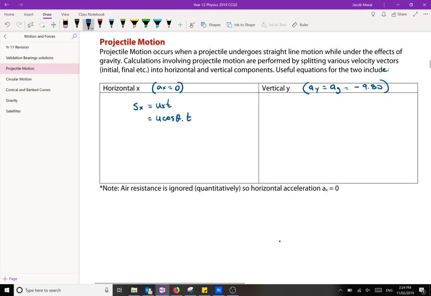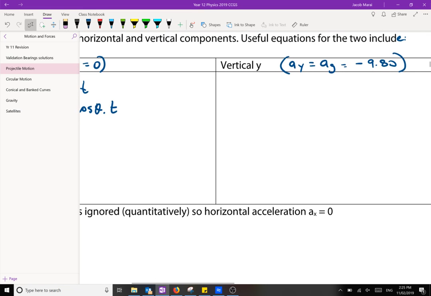Now, the equations we can now use are as follows, and here's where I'm going to try and remember my prefixes: v equals u plus at, and also a equals v take u over t. So you notice I'm using the subscripts.